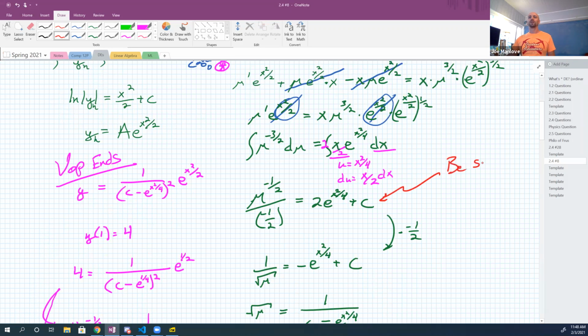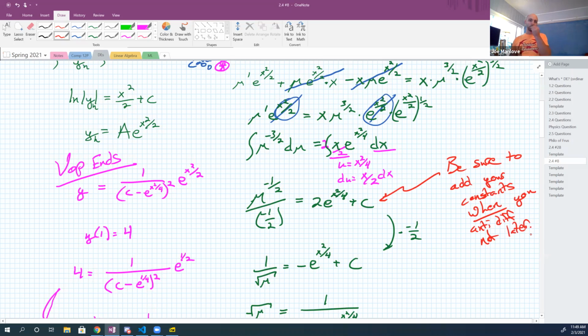So the word of caution is something like, be sure to add your constants when you anti-differentiate, not later. In other words, you can't just assume it's going to be a plus C later, because it'll probably be a plus C somewhere, and then arithmetic or algebra will happen to it.